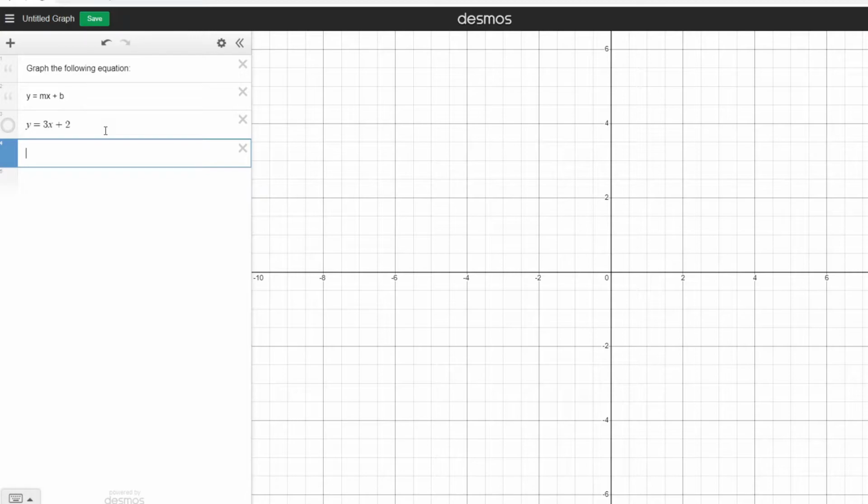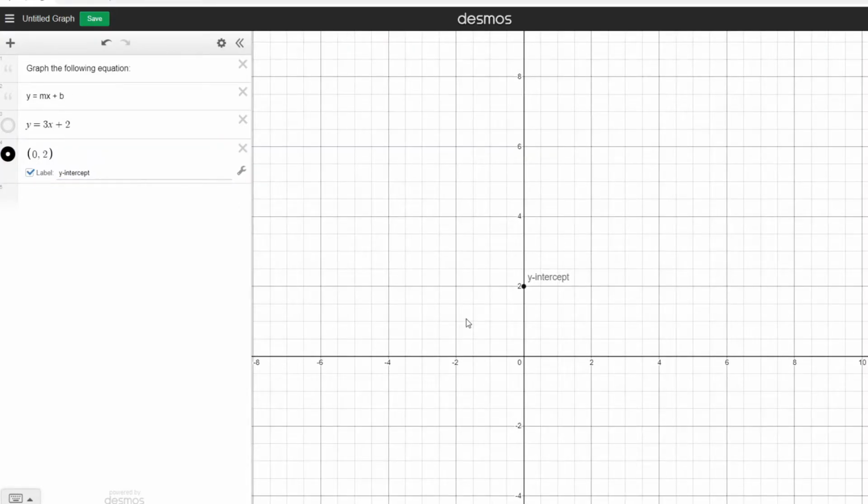But remember, the intercept is not a number, it's a coordinate. Since it's intersecting the y-axis, x has to be 0. So we would have (0, 2). We can label that as our y-intercept. Okay, so we got our first part done.